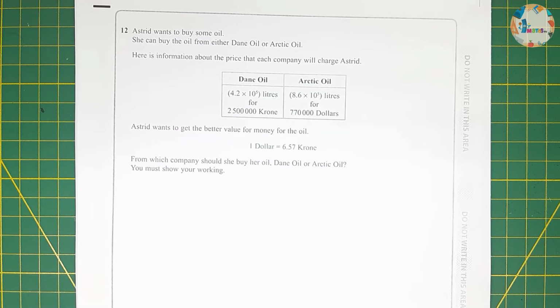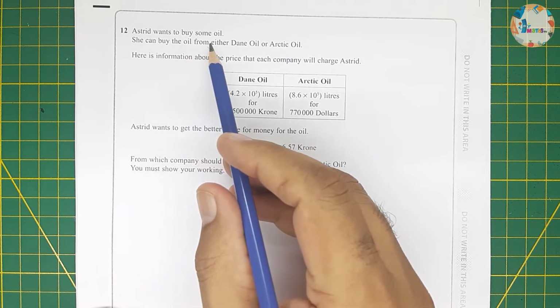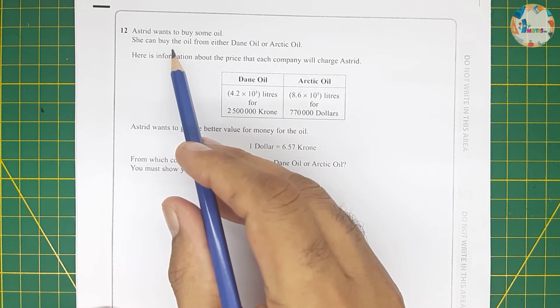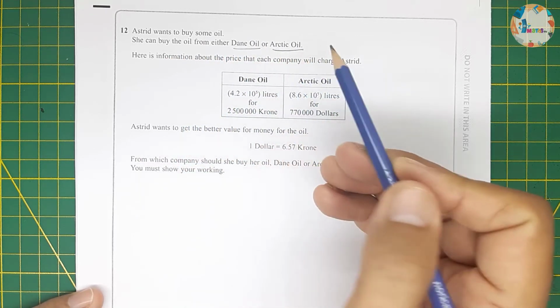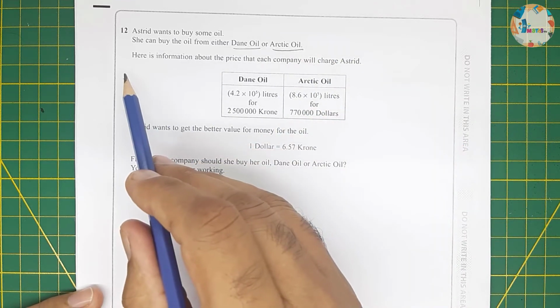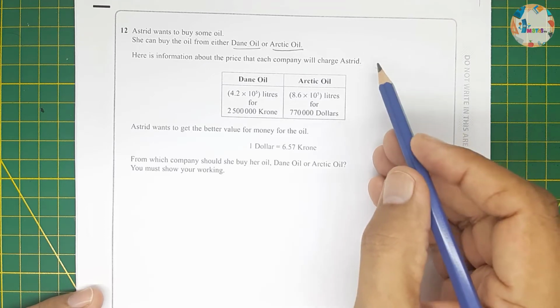Now question number 12. Astrid wants to buy some oil. She can buy the oil from either Dane Oil or Arctic Oil. Here is information about the price that each company will charge.